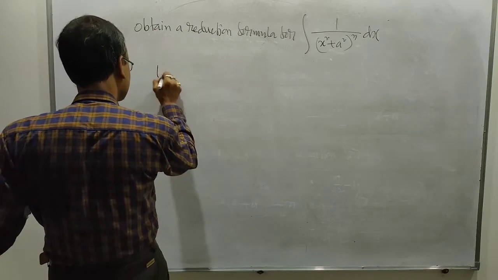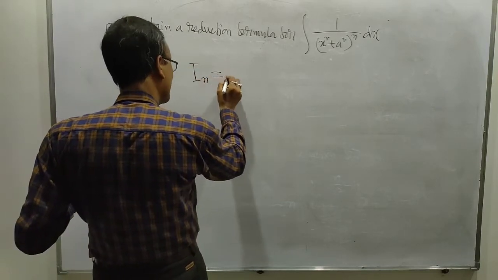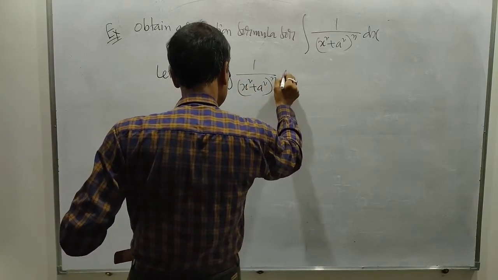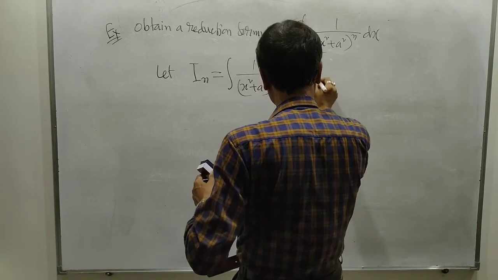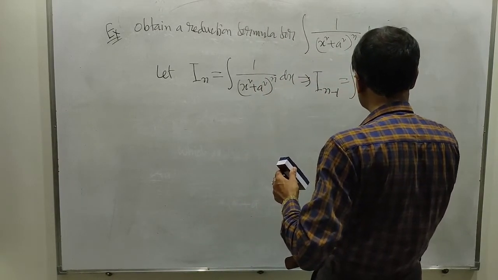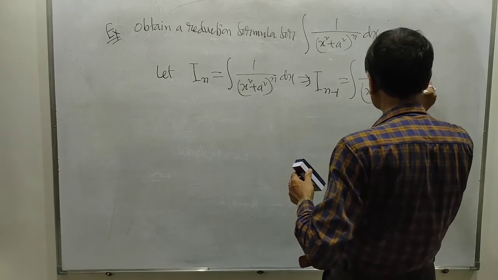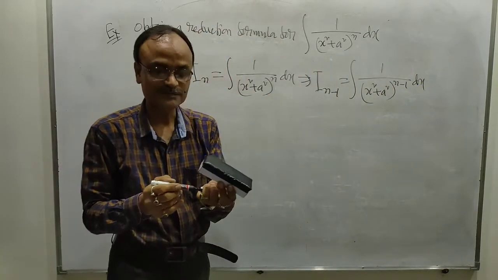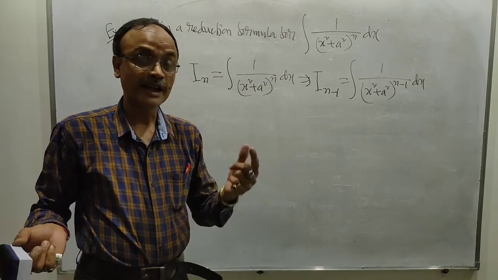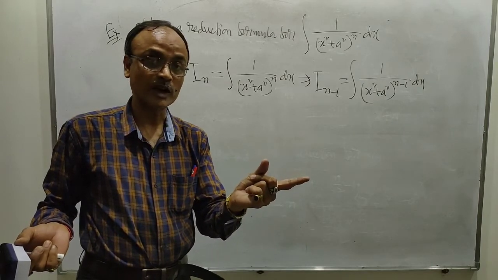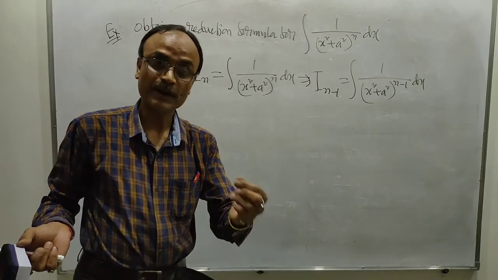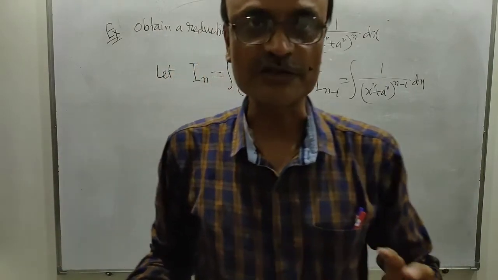Now let us denote I n equal to integration 1 by (x square plus a square) whole to the power n. This means, what will be I n minus 1? It will be 1 by (x square plus a square) whole to the power n minus 1. Again we are going to apply the method of integration by parts.